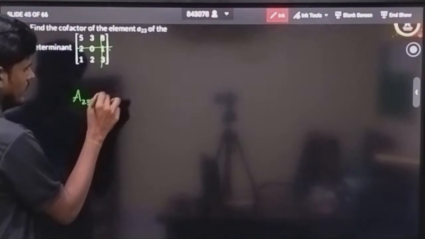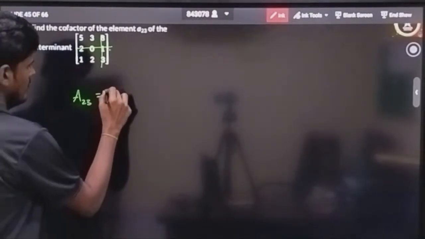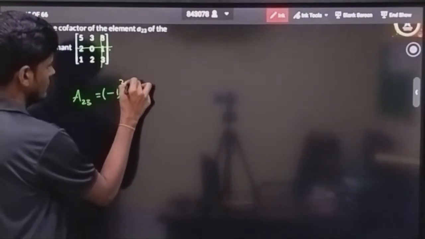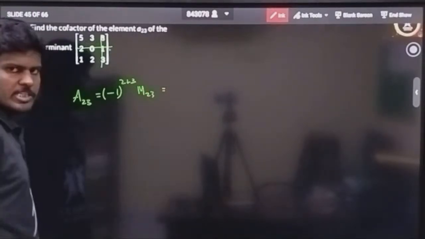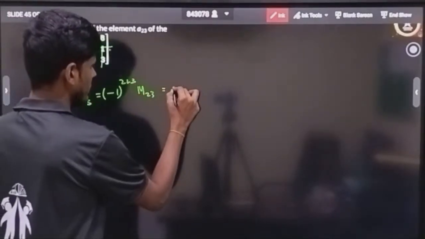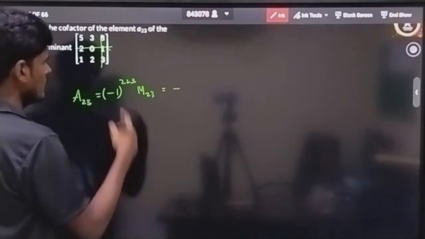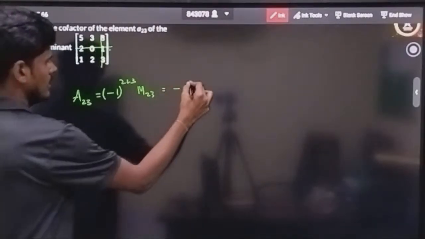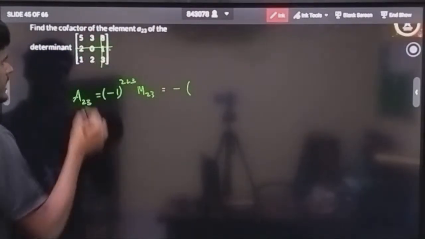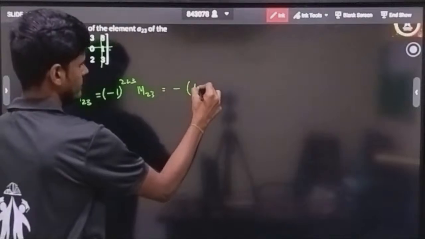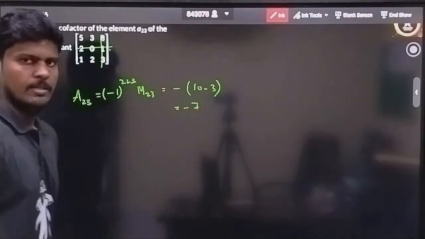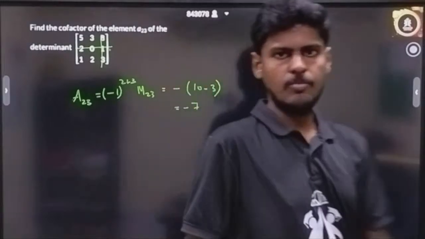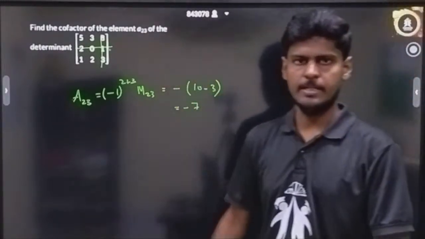Capital A23 is given by (-1) power 2 plus 3 into M23, which is (-1) power 5, that is minus 1, into minor 23, which is 5 into 2, 10 minus 3. 10 minus 3 is 7. So the answer is minus 7. This is how we should calculate minors and cofactors of a matrix.